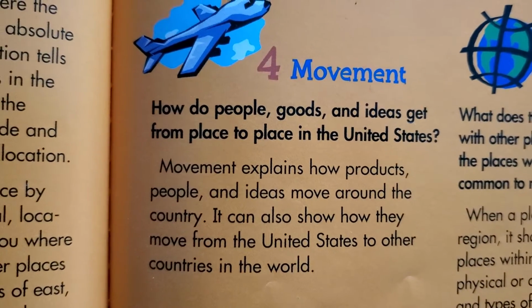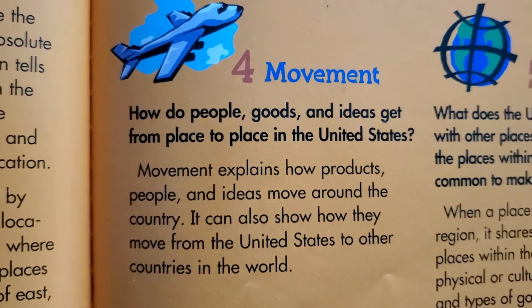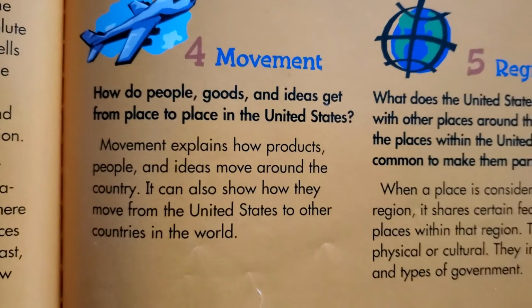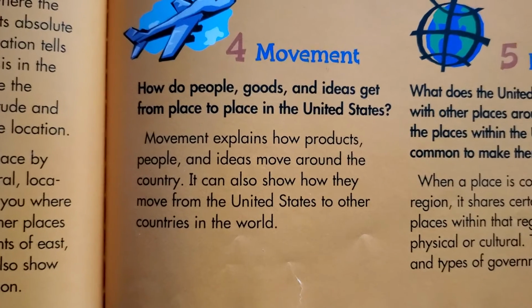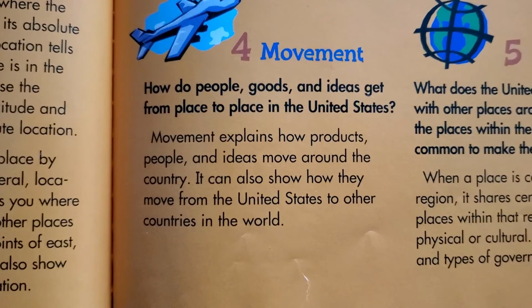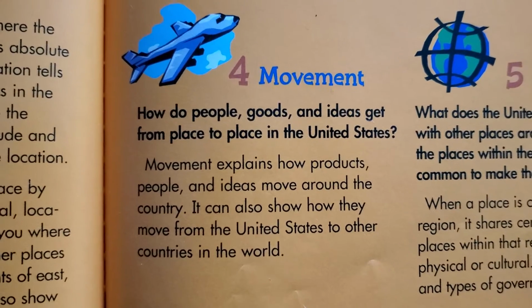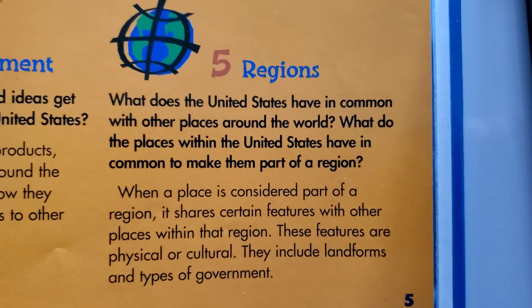And also there's trucks that come through town to deliver things to the candle company and to Casey's. So that's one way that things move. In the United States, things get in and out from boats, from airplanes, from trucks and trains. And the last one is regions.